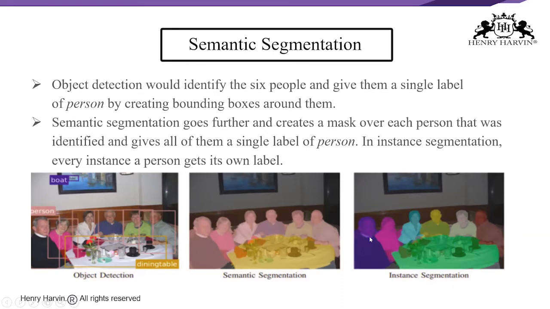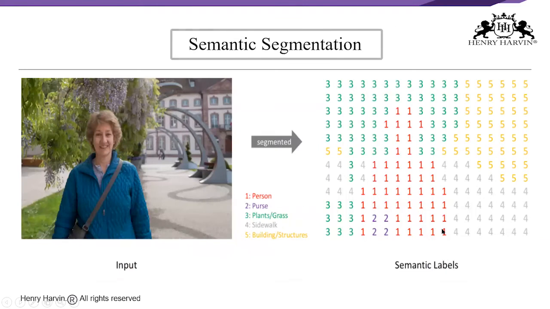In instance segmentation, every instance of a person gets its own label, as we have seen before: person 1, person 2, person 3, person 4, and so on. So now let us dive deeper into this a little more. Right. Okay. So what are we trying to understand over here?